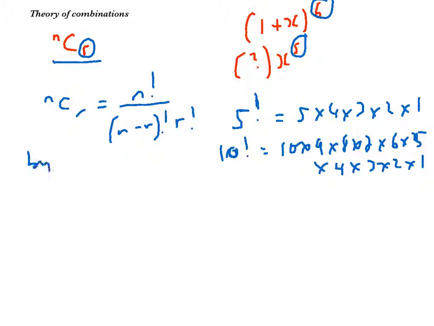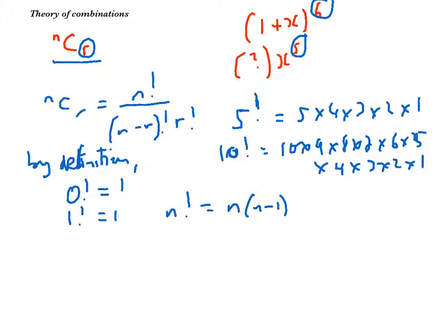And also you need to know that by definition, which I'm not going to prove here, it's beyond our scope, 0 factorial is 1, and 1 factorial is 1. So 1 and 0 factorial are both the same, 1. So if I'm looking at this, n factorial will be n times n minus 1 times n minus 2 times n minus 3, and it goes on, doesn't it? Okay, so that's what factorial means.